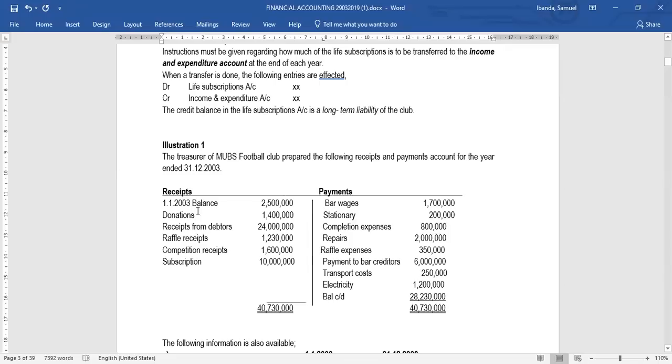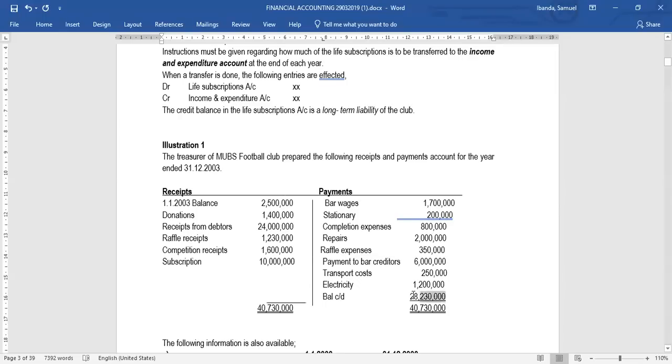So we have the balance brought down figure is 2.5. We have the bar wages, which is 1.7. We have the stationery, the completion expenses, the repairs, the raffle expenses, payments to bar creditors, transport costs, electricity, and so on.